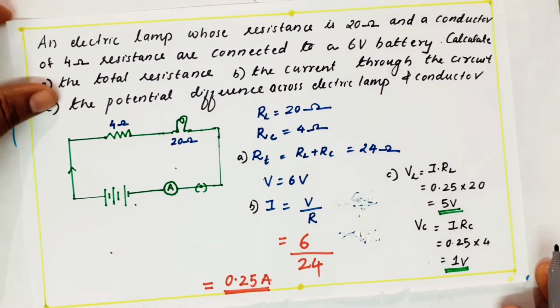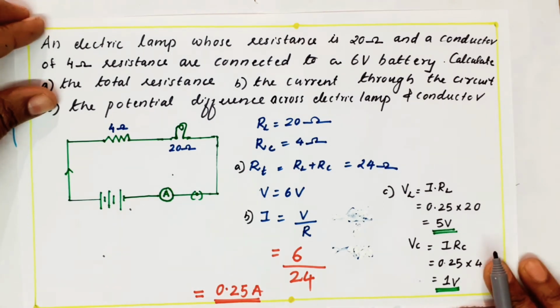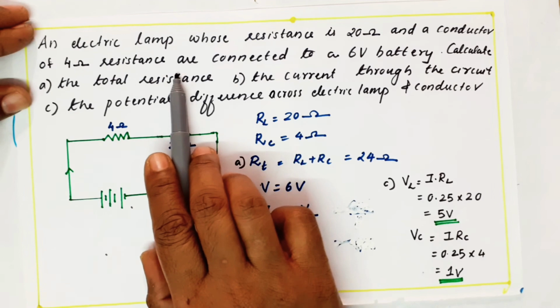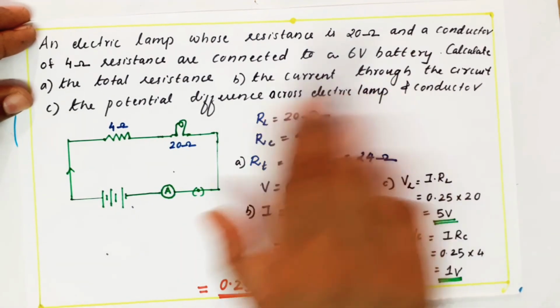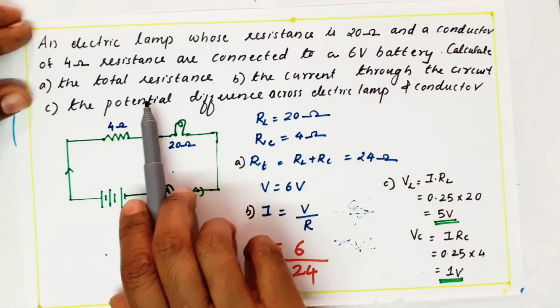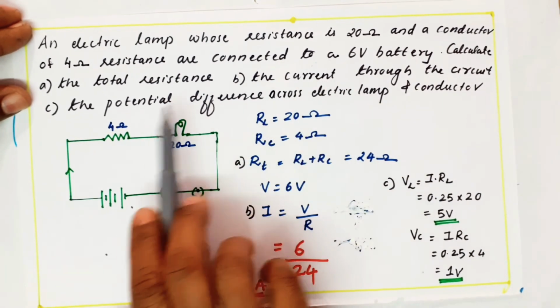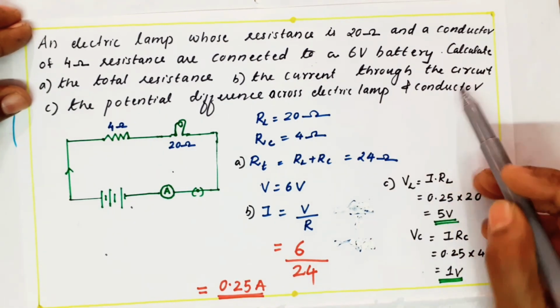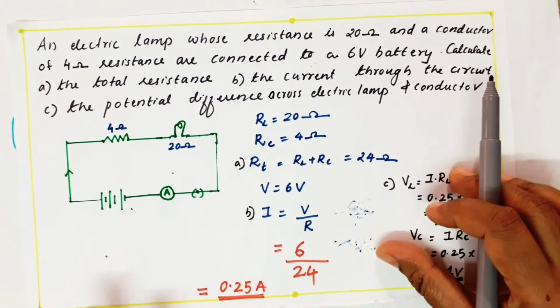Next question. An electric lamp whose resistance is 20 ohm and a conductor of 4 ohm resistance are connected to 6 volt battery. Calculate total resistance, total current and potential difference across electric lamp and conductor. This is the diagram.